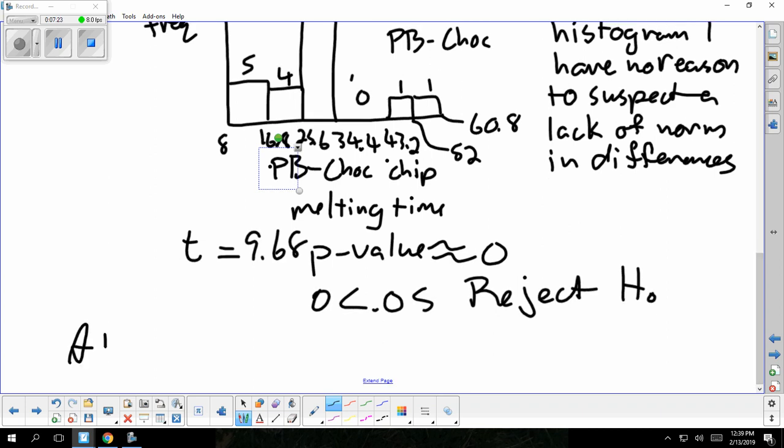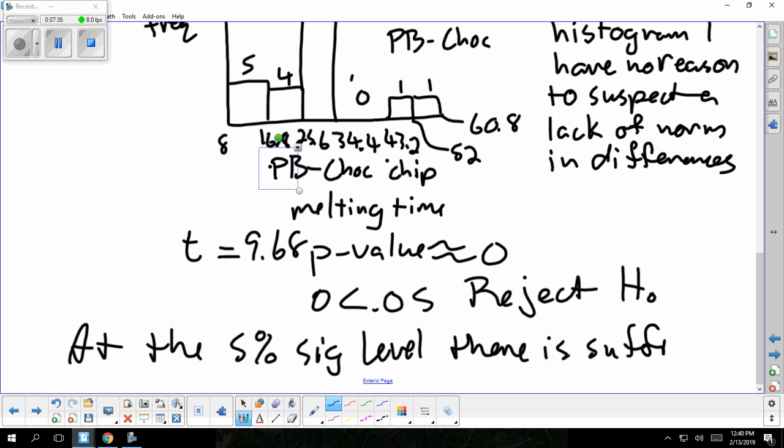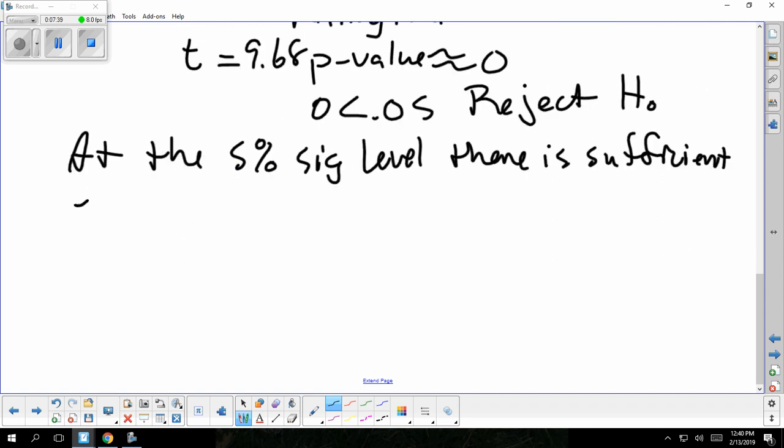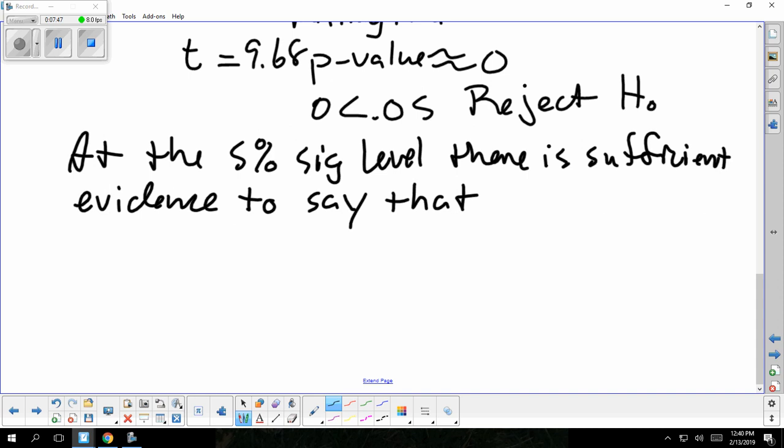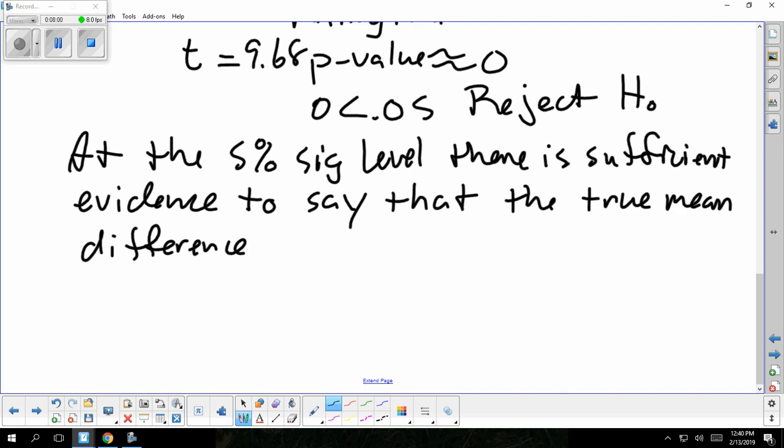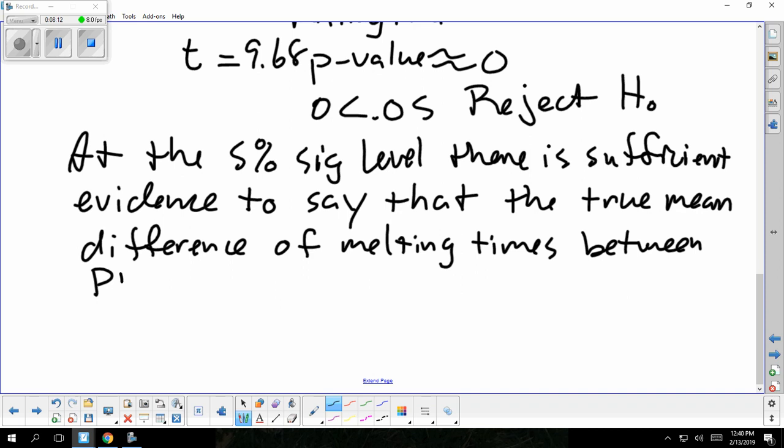And at the 5% significance level, there is sufficient evidence to say that the true mean difference of melting times between peanut butter chips and chocolate chips is greater than 0.